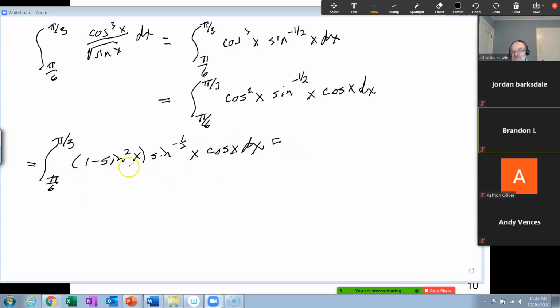Okay, let's distribute these sines together here. This will be the integral from pi 6 to pi thirds.